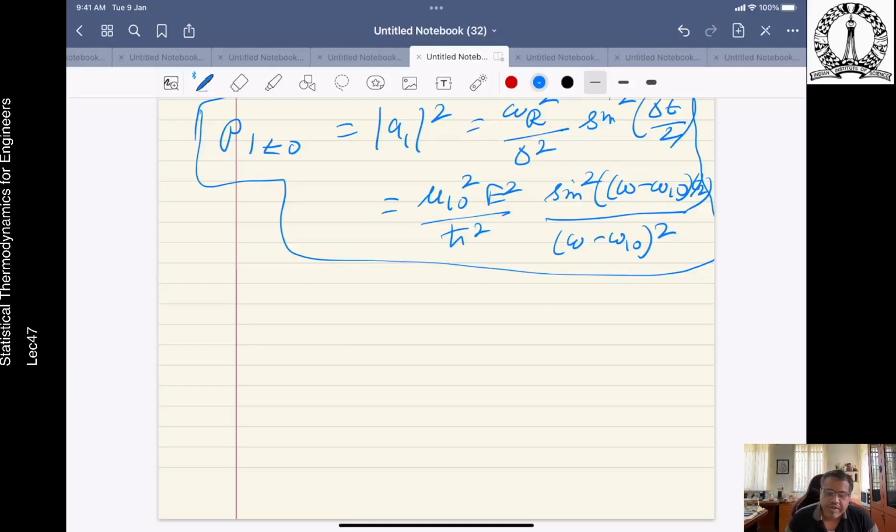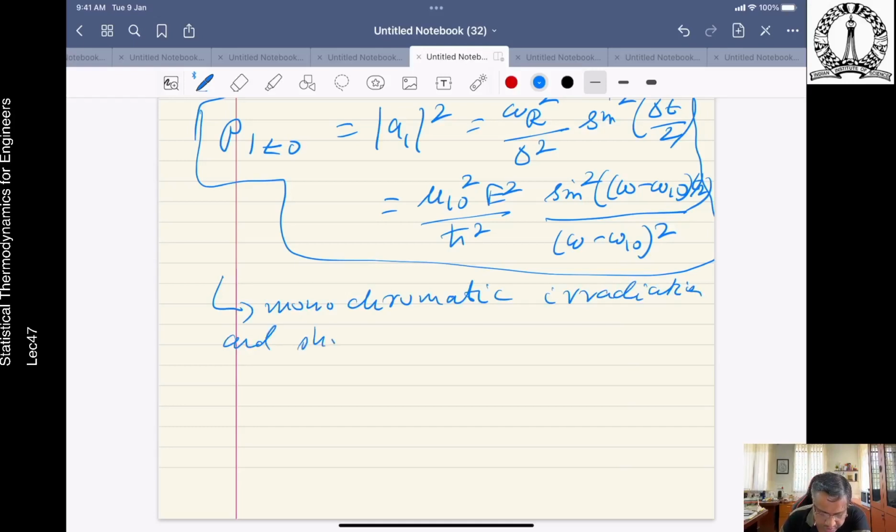We already saw how the probability for weak electromagnetic radiation can be written. But this formula, as we say, is very deceptive because it assumes monochromatic irradiation and short interaction times.